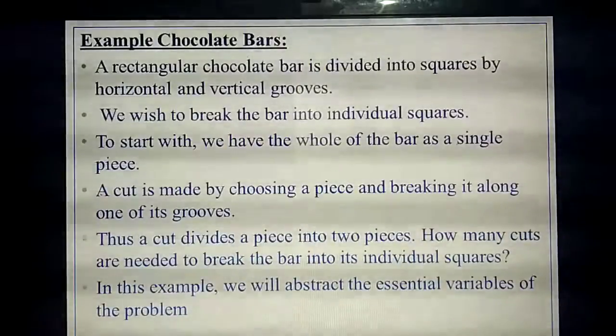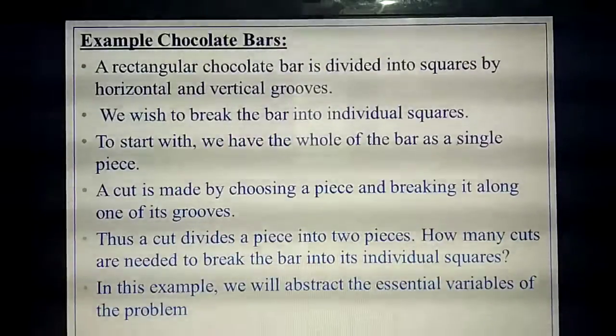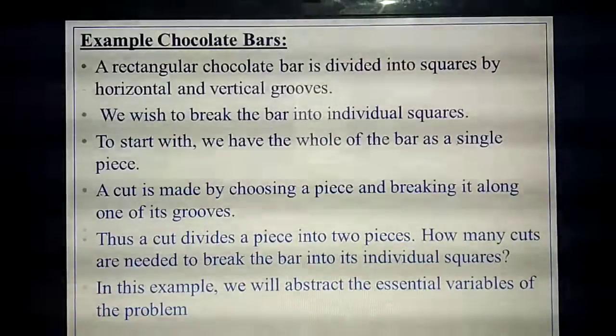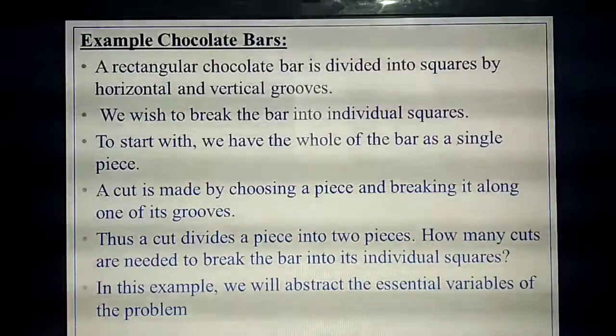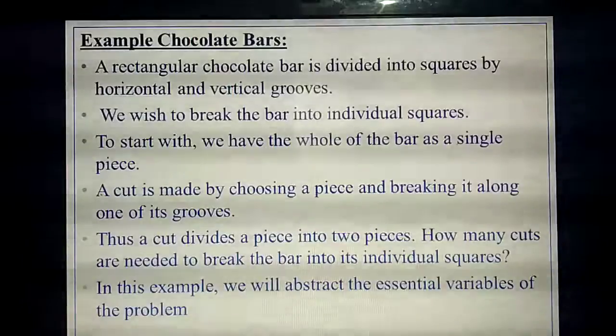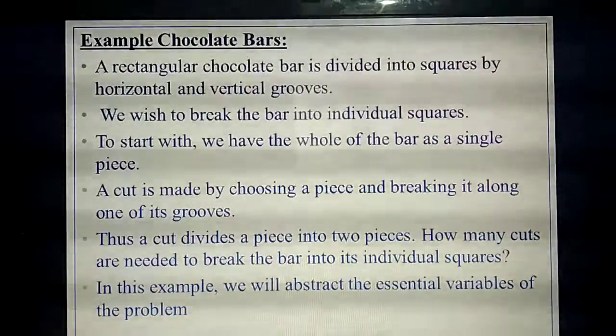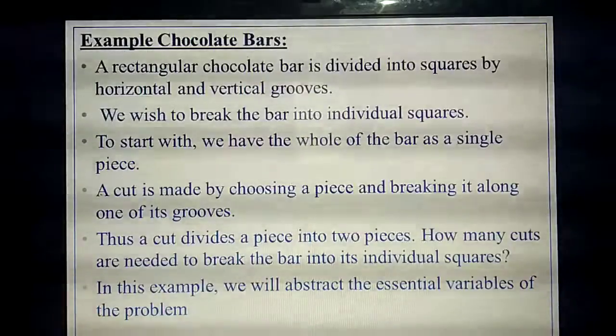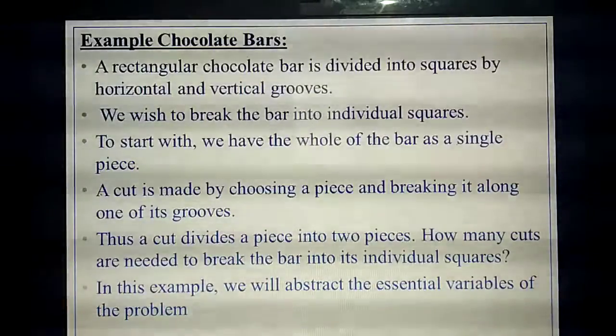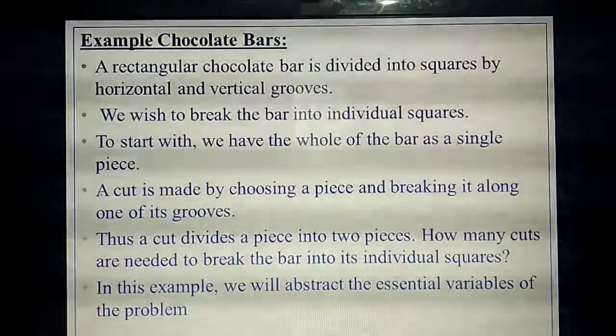Listen. So next thing is the chocolate bar problem. Which problem? Chocolate bar. Consider one chocolate bar. That chocolate bar is in the shape of a rectangle. What's the shape of the chocolate bar? Rectangular.